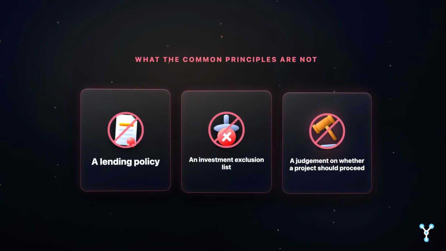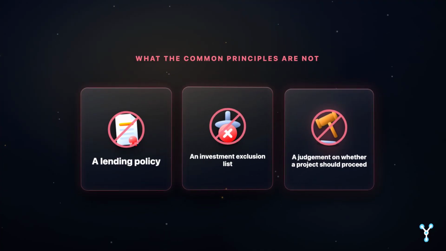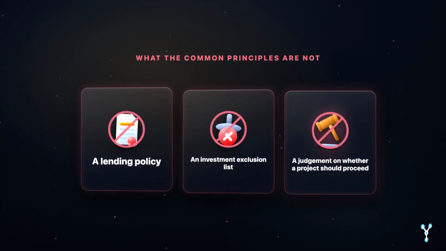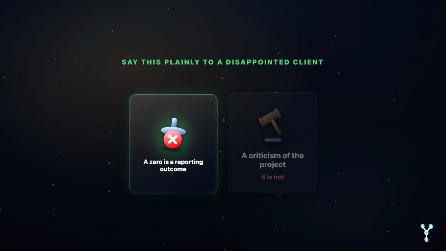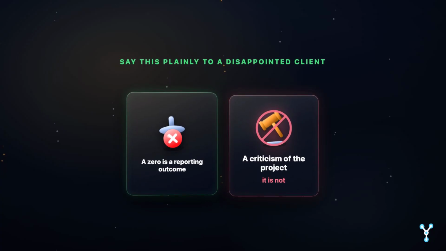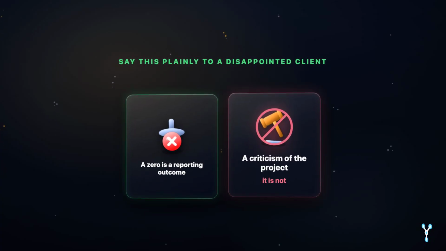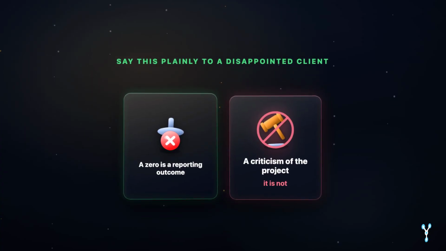A bank may finance an excluded activity for entirely sound reasons. It simply does not report that finance as climate mitigation finance. For you, this means a 0 in the climate column is a factual reporting outcome, not a criticism of the project, and saying so clearly to a client who is disappointed by the number is part of the job.